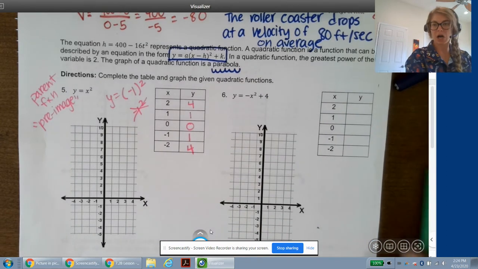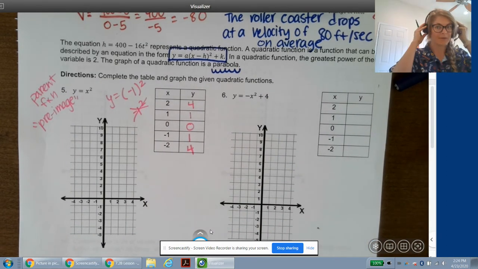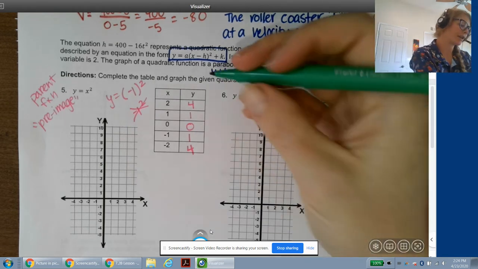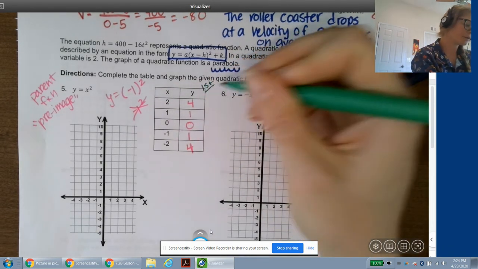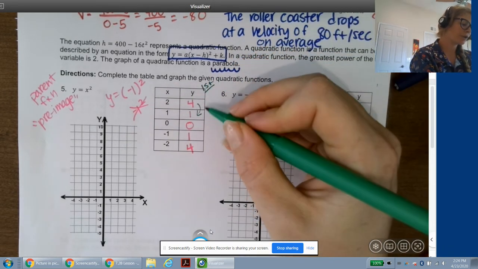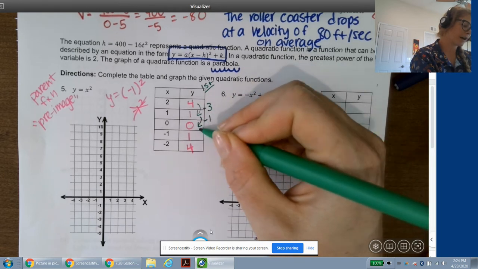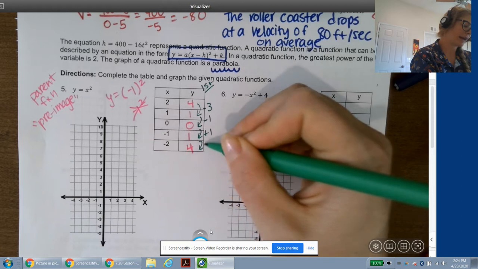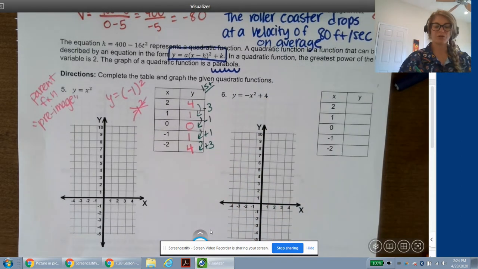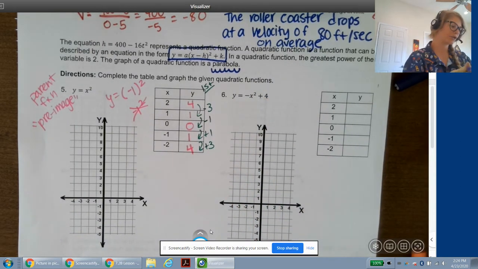Note this is not a linear function. It's very far from a linear function. If we take a look at the first difference, 4 to 1, we're subtracting 3. 1 to 0, subtracting 1, then adding 1, and then adding 3, which shows you this is not a linear function.